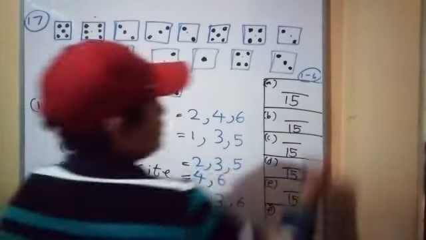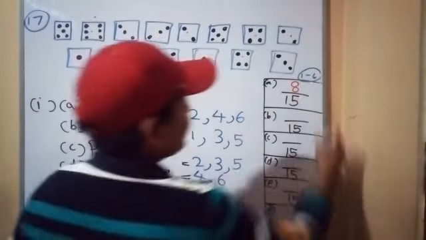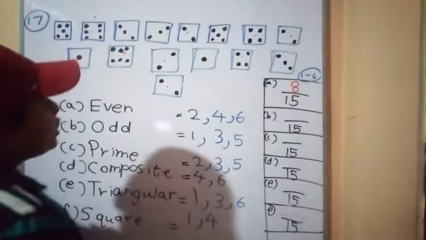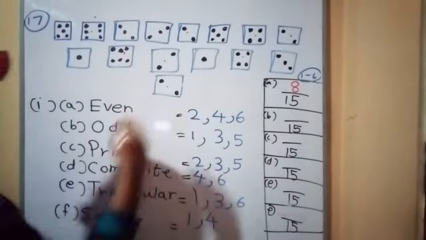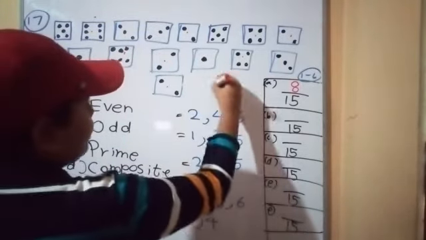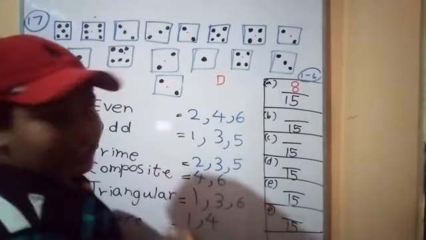There are 8, so you can write 8 over 15. That is the occurrence we find for each side of the die.